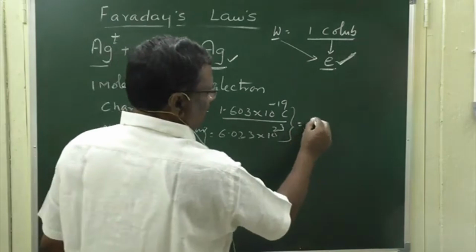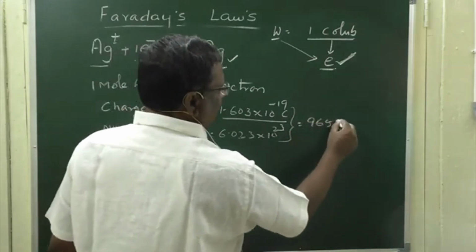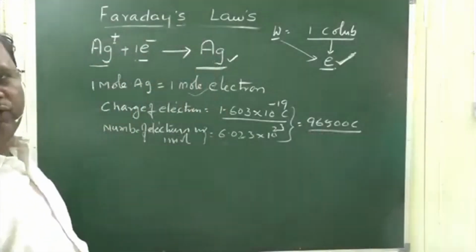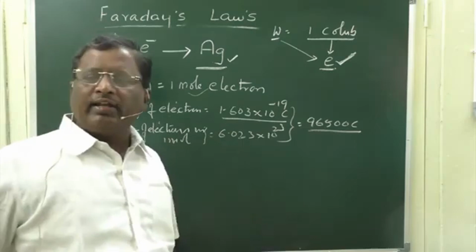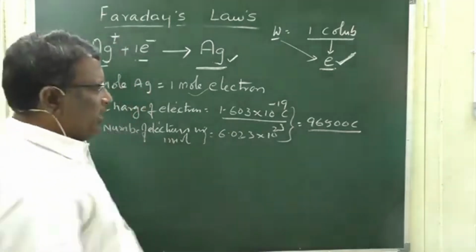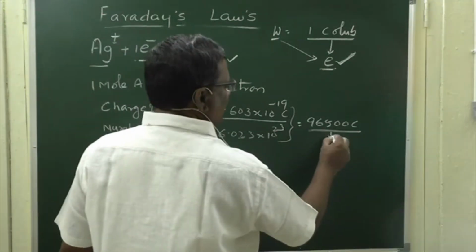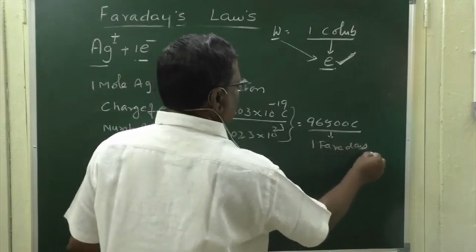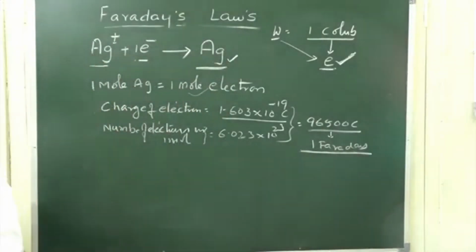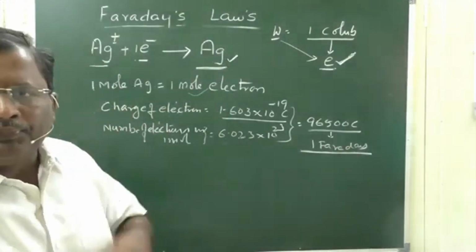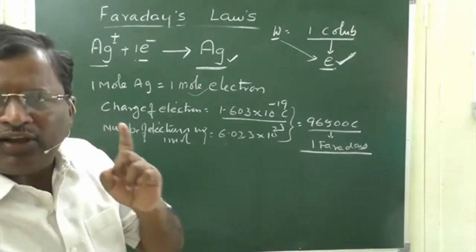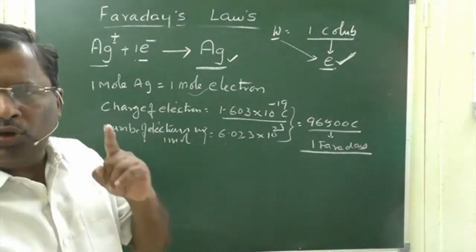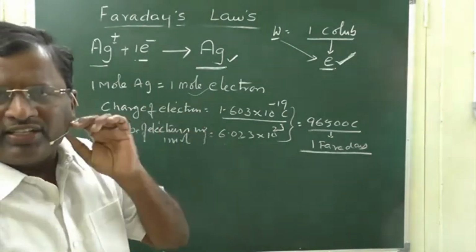It will be approximately 96,500 coulombs, and this quantity is known as 1 Faraday. So, with 1 Faraday of electricity, or with 1 mole of electrons, 1 mole of Ag is going to be deposited.